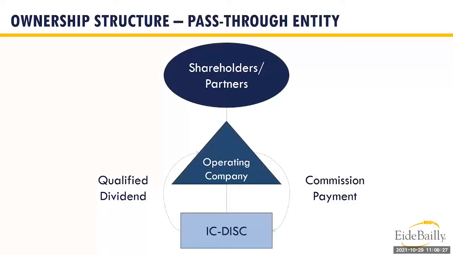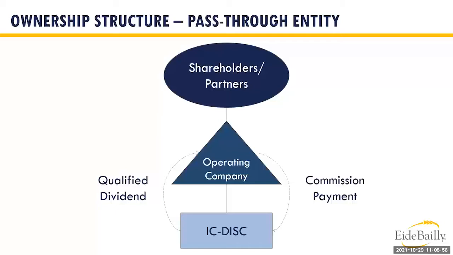The operating company would receive an expense towards taxable income for that commission payment. The IC-DISC, as long as it has a valid election in place with the IRS, is a federal tax exempt entity. So the IC-DISC does not pay any income tax on that commission it receives. And then it can distribute that commission it received back to the shareholder, in this case, the operating company, as a qualified dividend.